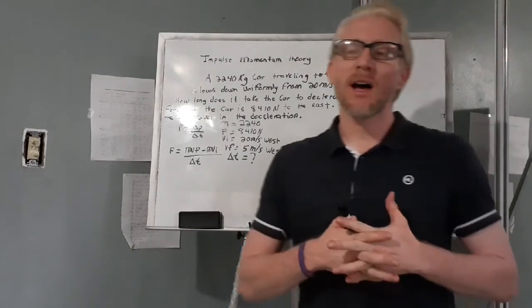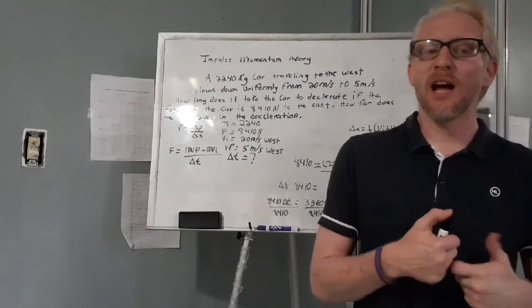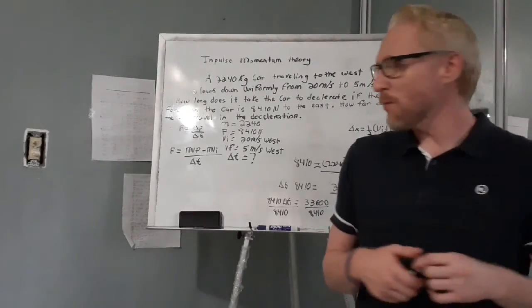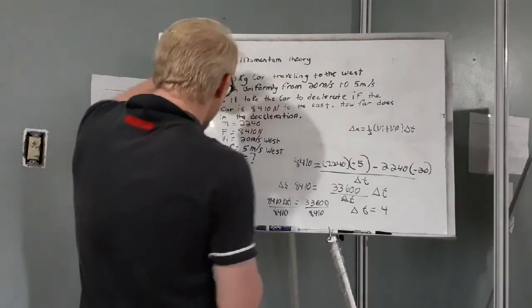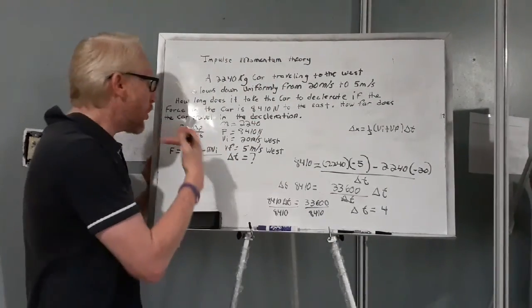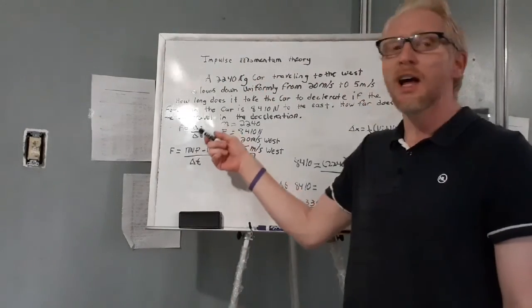Okay, so I'm going to read an example that I have, then I'm going to explain how it works, and then we're going to solve the problem. Now, real quick, I want to direct your attention to the formulas that we were working on in last class, where we said that force is the change in momentum over the change in time.